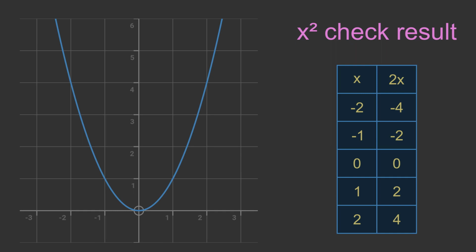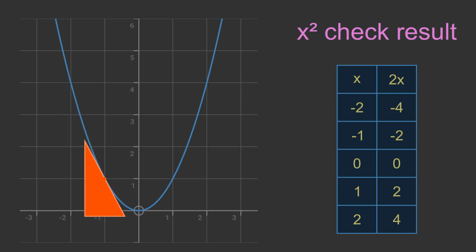We can verify the formula for the slope by drawing tangents at each point. The table shows the expected slope for integer values of x from -2 to 2. Here is a tangent of slope -4 at x equals -2. It matches the calculated slope for the x squared curve.